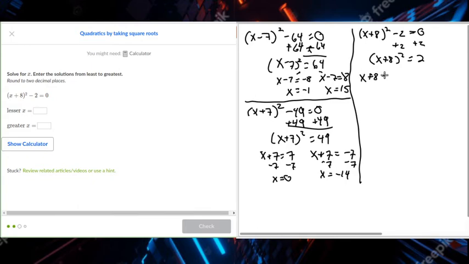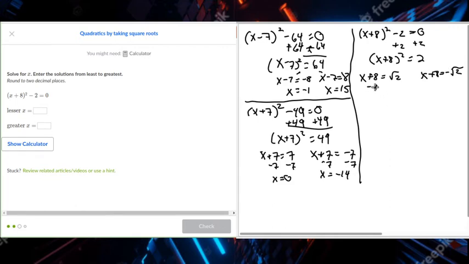x plus 8 is equal to positive square root of 2, because square root of 2 squared is 2. And x plus 8 is equal to negative square root of 2, because negative square root of 2 squared is 2. Negative square root of 2 times negative square root of 2 is 2.